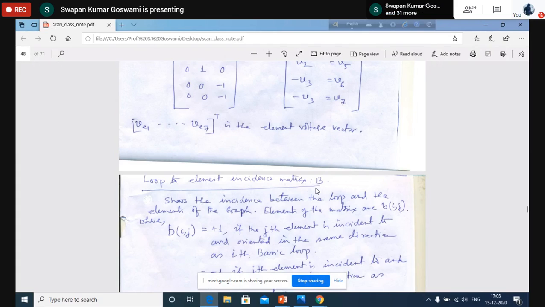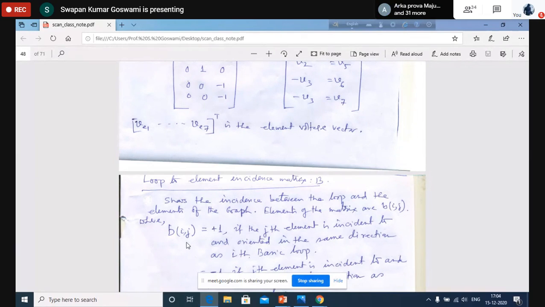An element of matrix B, say it is Bij. It is loop to element. So rows correspond to loops, columns correspond to elements. So Bij will have, as before, +1, -1 or 0 as the three possible entries. It will be +1 if the jth element is incident and oriented in the same direction as the ith basic loop. An element is incident in a loop if that element is a part of the loop.